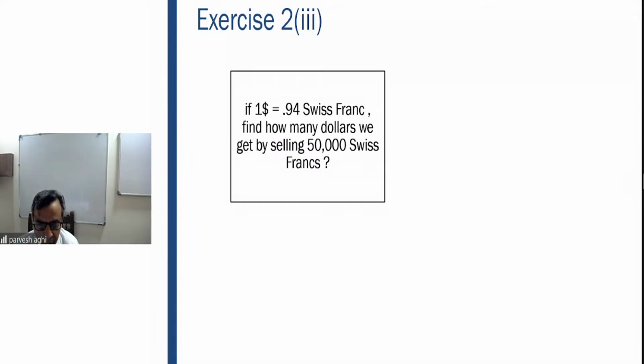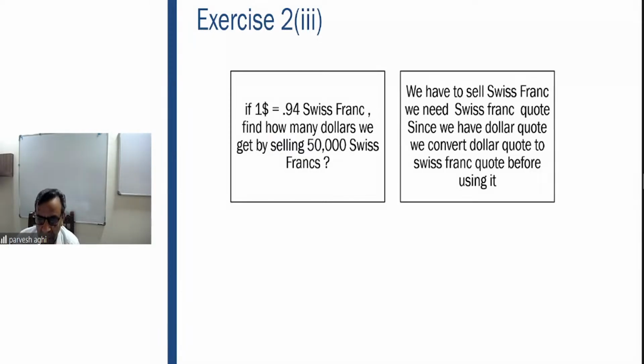So we need to convert this quote and find out what 1 Swiss franc will be equal to in dollars. Either do the reciprocal of it and find the answer. Since we have to sell Swiss francs, we need the Swiss franc quote. Since we have the dollar quote, we convert it before using it. So answer this question.